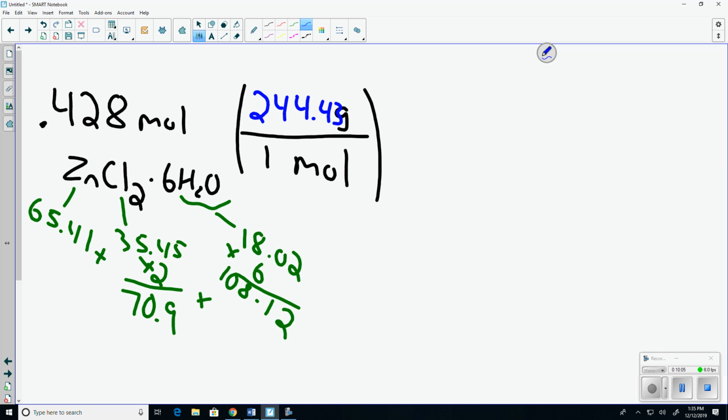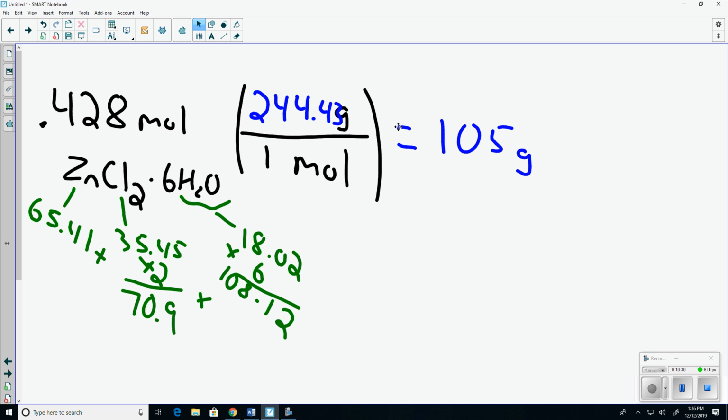I think it's 2 4. Okay, so this times this. 3 sig digs because of this right here gives me 105 grams. So your mole conversion is no different than before. It's figuring out the molar mass that's the tricky part.